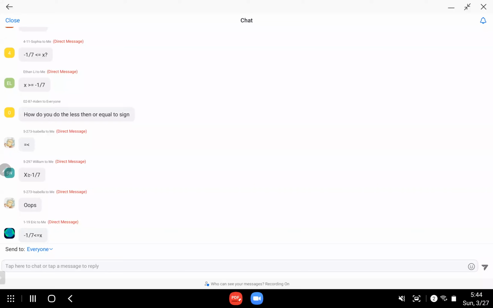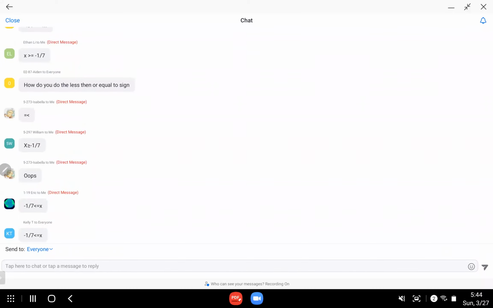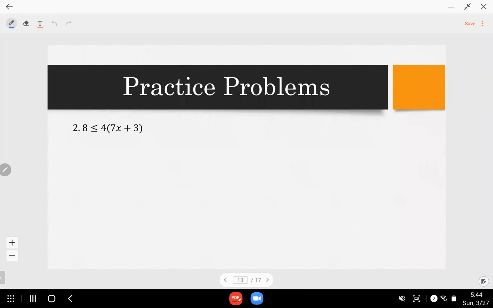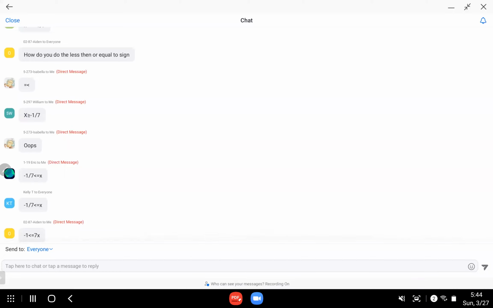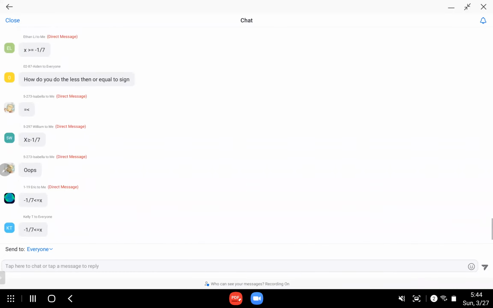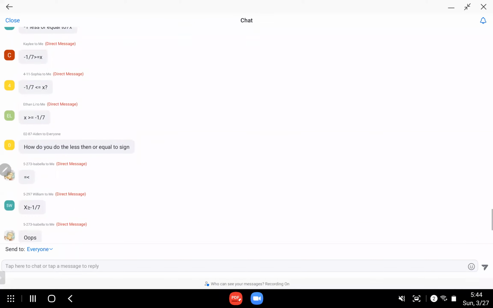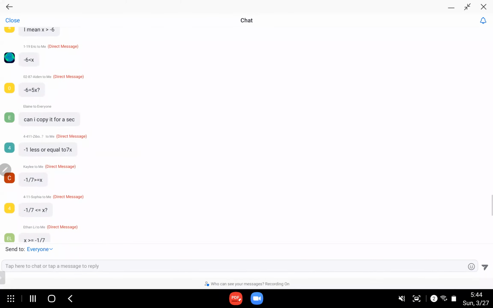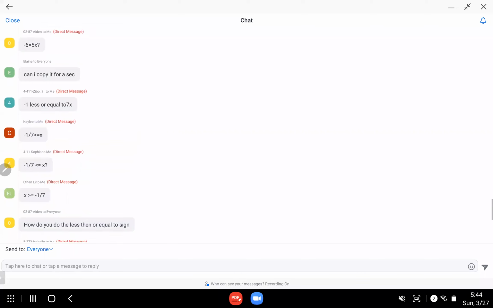Maybe it just works on certain types of computers, but if you can't do it, just do the less than or greater than sign plus the equal sign. Okay, I tried it. It works. Oh, great.